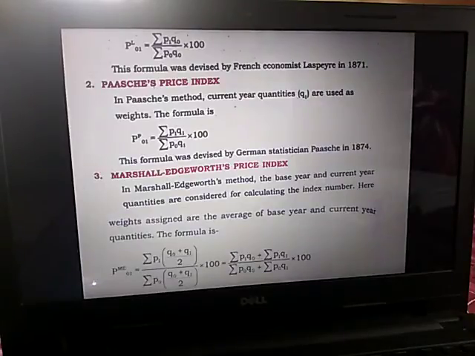The formula is P superscript ME 01 equals summation P1 times (Q0 plus Q1)/2 divided by summation P0 times (Q0 plus Q1)/2, into 100. On simplification, the formula reduces to summation P1 Q0 plus summation P1 Q1, whole divided by summation P0 Q0 plus summation P0 Q1, into 100.